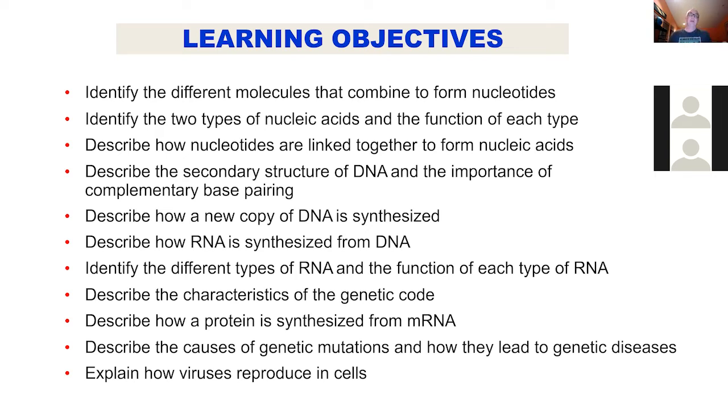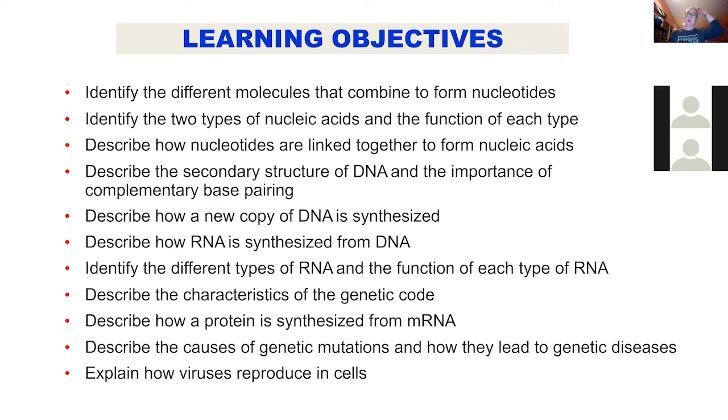And then we'll talk about how RNA is made from DNA and the really important differences between RNA and DNA. That is one of the main things I wanted to hit on, because COVID-19 is a virus whose genetic material is actually RNA rather than DNA, and we'll see why that's really important.